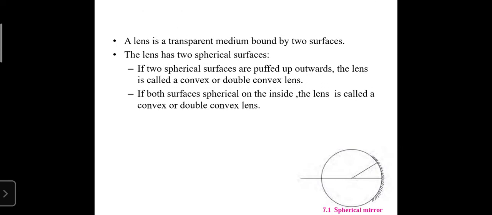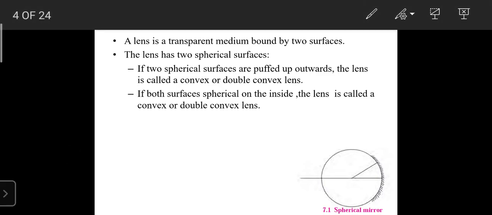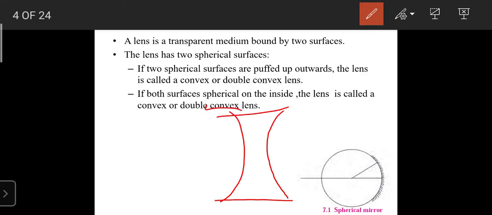Next, if both surfaces are spherical on the inside, the lens is called a concave or double concave lens. यहाँ पे कॉनकेव चाहिए और डबल कॉनकेव.